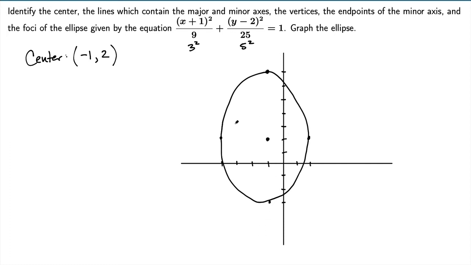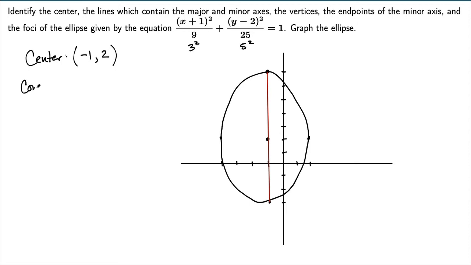Now that I have that, it's fairly easy to find everything. We have the center, and the lines which contain the major and the minor axes. Well, the major axis is the line connecting those two points there, and I see that that is x equals -1.